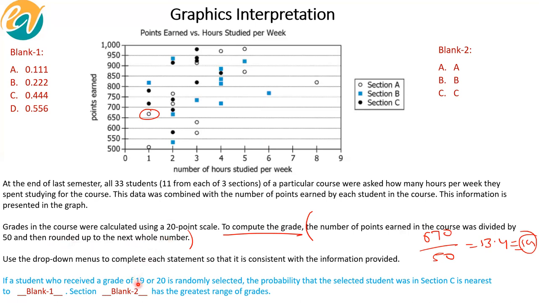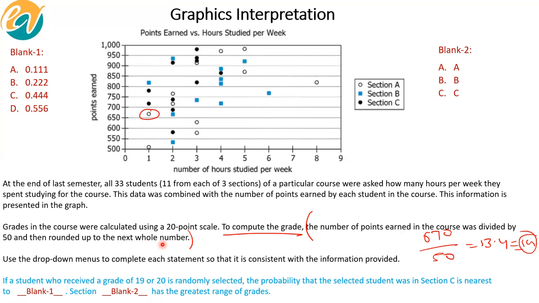It's 18 point something. Even when it is 18.001, it gets rounded up to 19. Normally 18.001 would round to 18, but this clearly says it's always rounded up to the next whole number. So the moment a grade exceeds 18, it gets rounded up to 19.